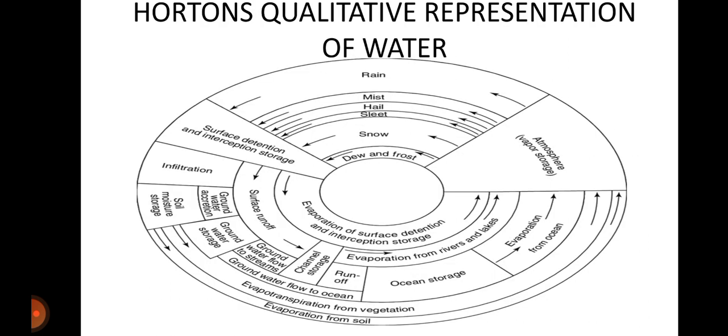Next, coming to the representation of the hydrologic cycle. Here Horton's qualitative representation of the hydrologic cycle is given, where the numerous arcs represent the different paths through which water in nature circulates and is transformed, called the water cycle or the hydrologic cycle.